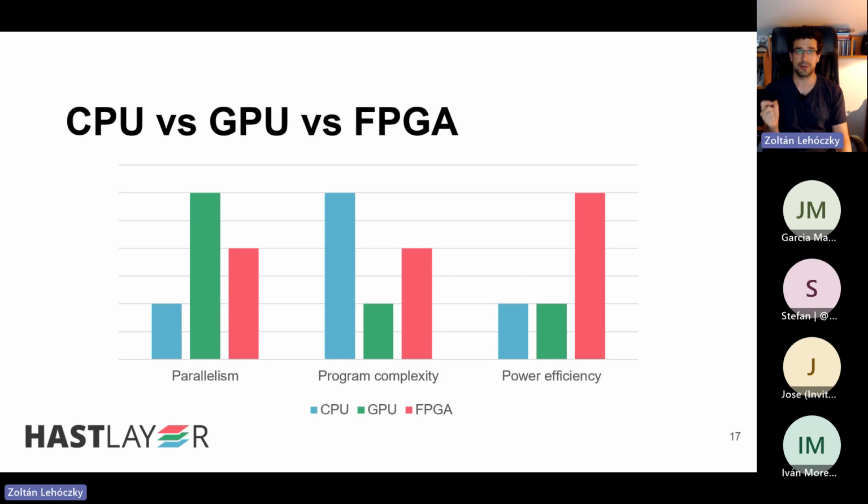And lastly, one thing where FPGAs really shine is power efficiency. CPUs and GPUs are roughly on the same level here, I would say, but an FPGA is really power efficient. This is because you basically hardwire what you need it to do. There is no operating system to run, there is no other software to run, there is no memory management, nothing.